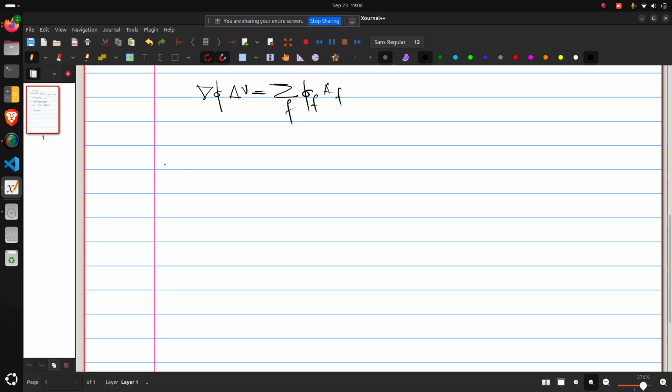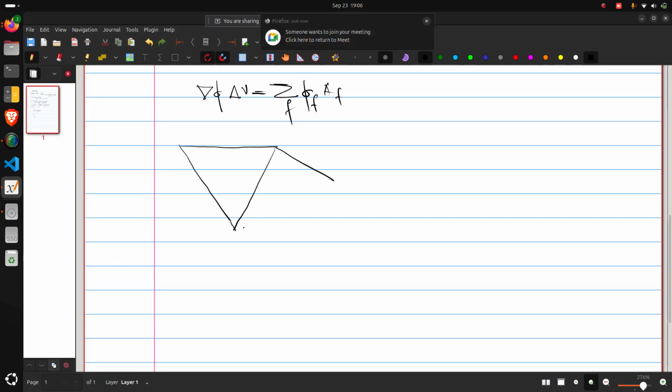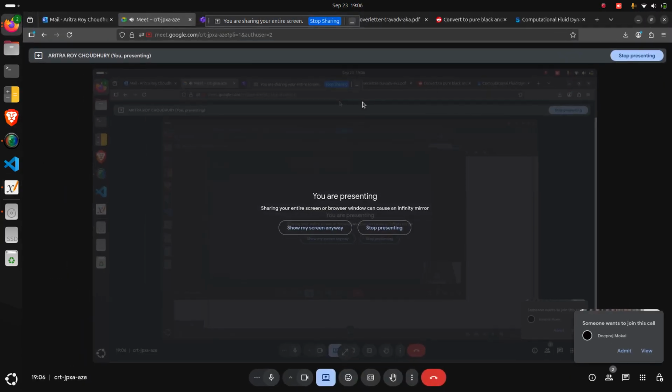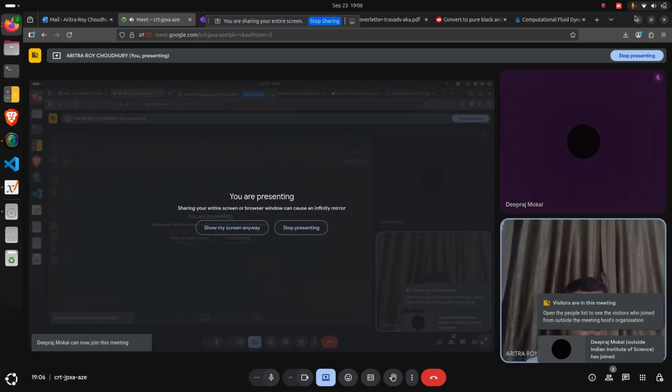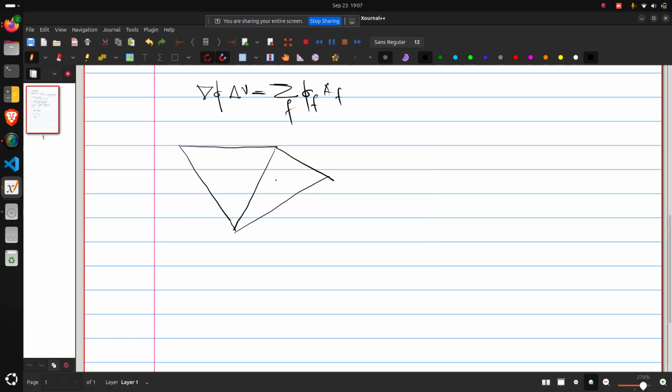Now how do we compute the face center value, right? For example, if we have a grid system like this, one cell here, another one here, let's write them as C0 and C1. And we have the area vector in this direction. So we want the value at the face center, right?